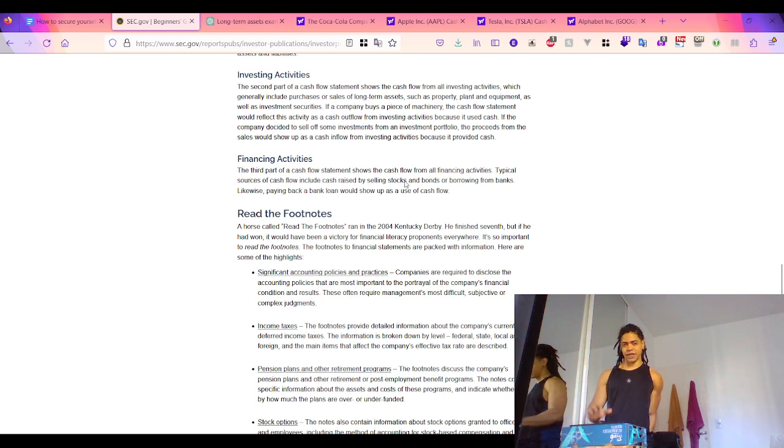Again, this is reviewing the cash flow from financing activity. Typically, sources of cash flow include, think about it, or financing.